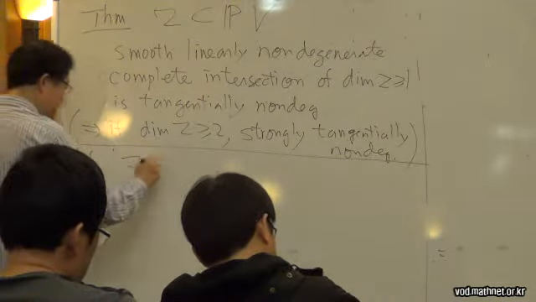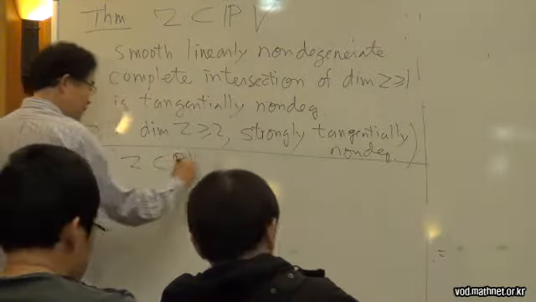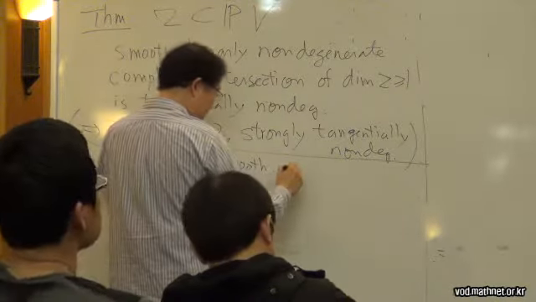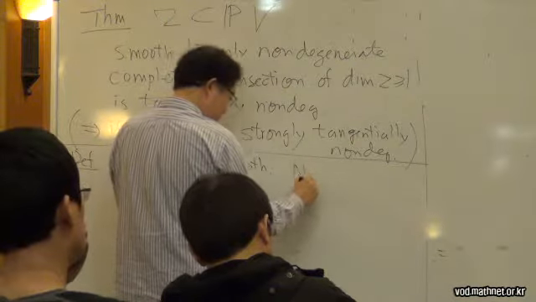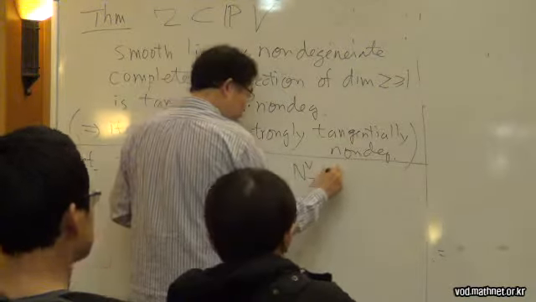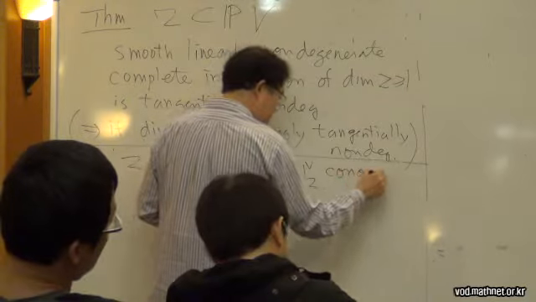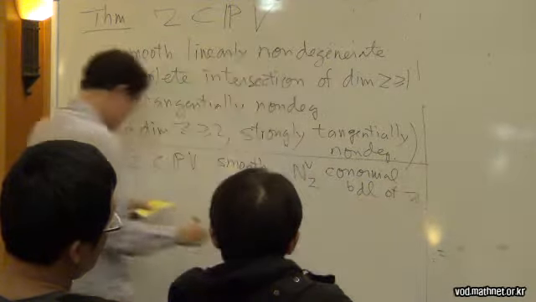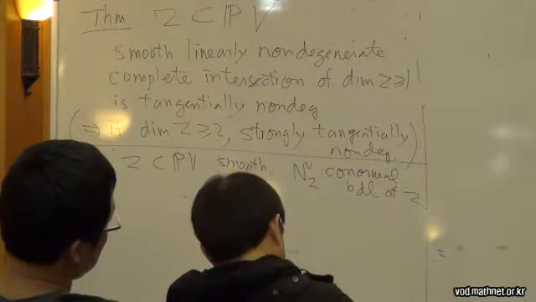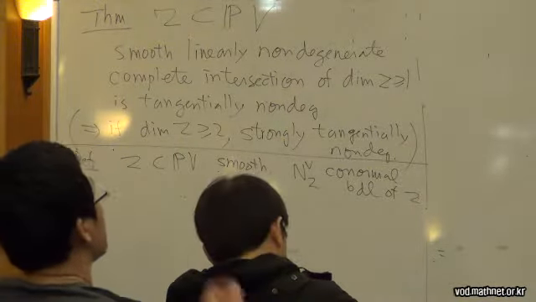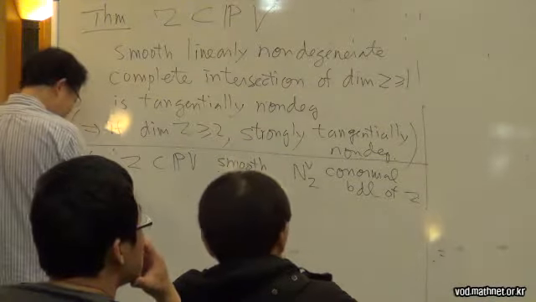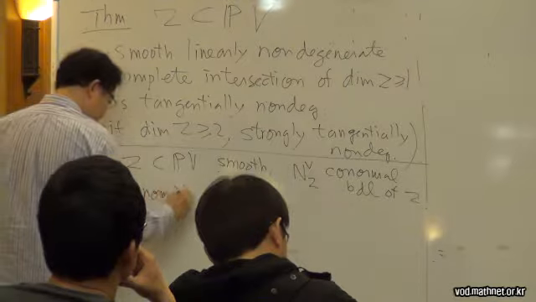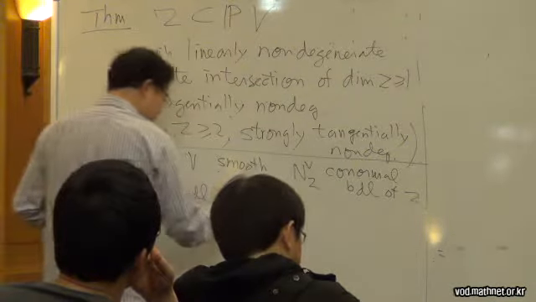Now I will assume this is a smooth variety. Then we have the normal bundle, and this is the conormal bundle of G. And the normal bundle NG has a fiber.